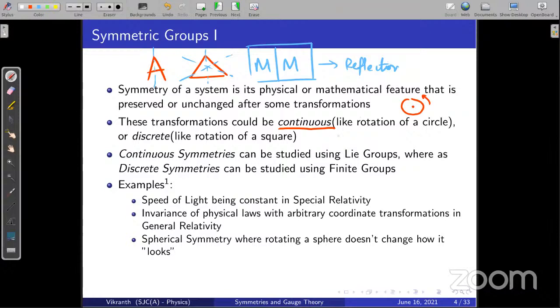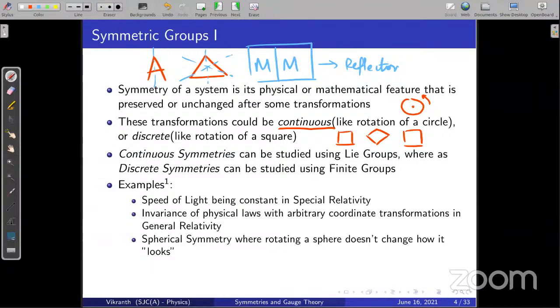If you have a square like this, half a rotation would be something like this, like a diamond shape, and then another rotation gives you back the original square. And so it happens in steps, but for a circle, even a little bit of a rotation would still keep that circle as a circle itself.